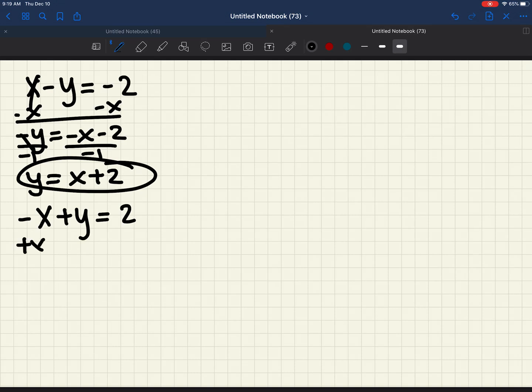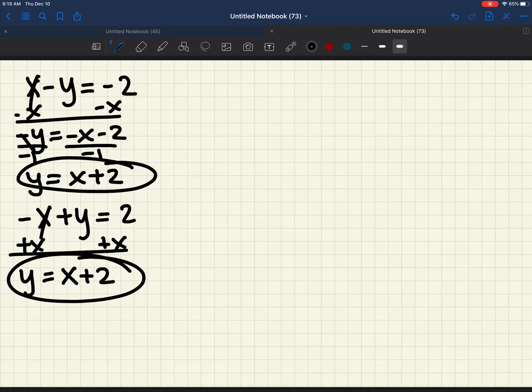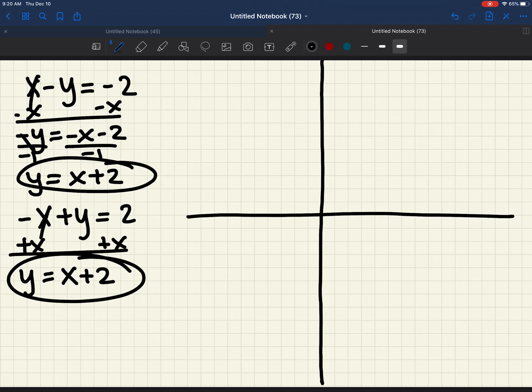What do I need to do to that? Okay, what would you get? What do you know about your answer? Yeah, how do we already know it's infinitely many? Yeah, because you got the exact same equation, okay? Now, this one's easy to graph because you only have to graph one of them, right? Doesn't make sense to graph the other one because you're going to graph the same thing.